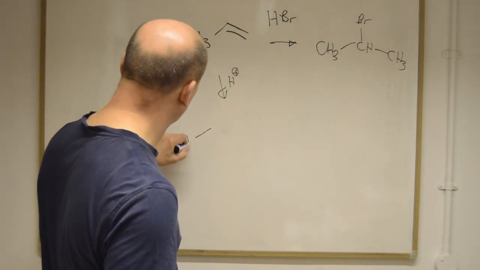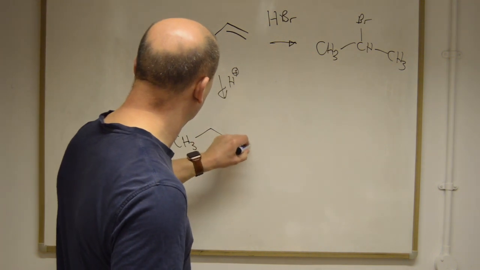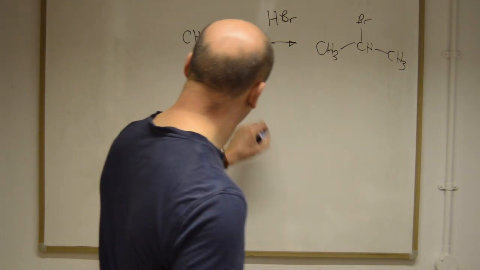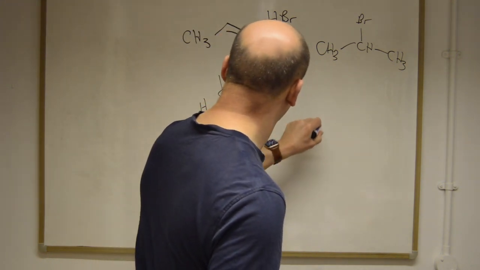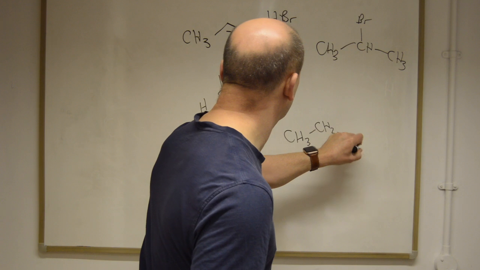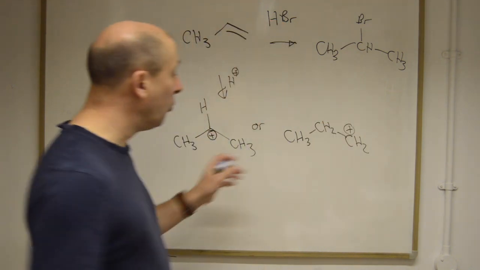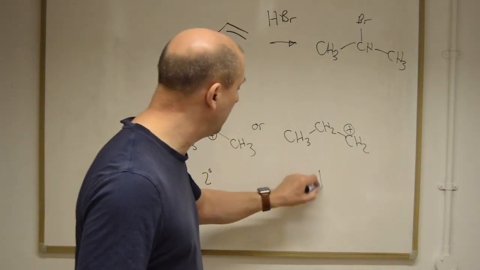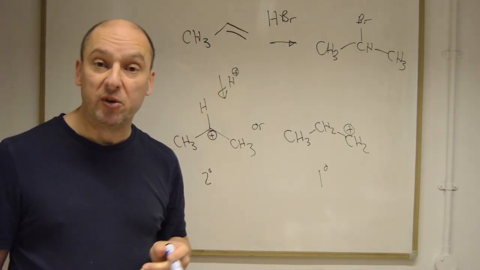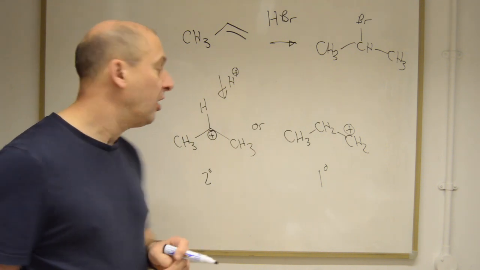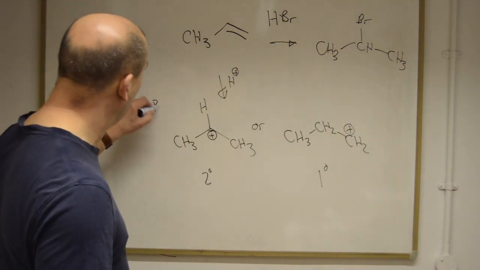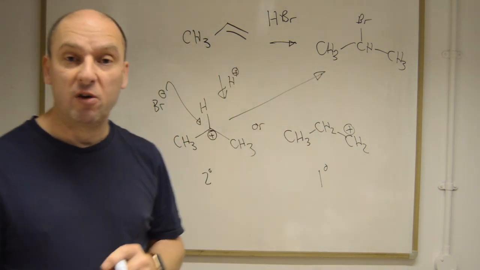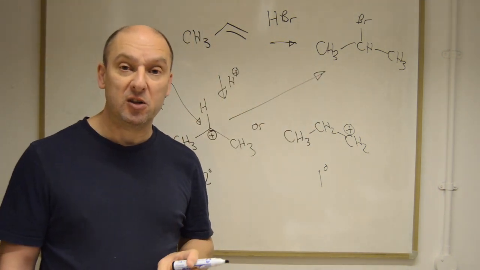We could either get this or this, and this secondary carbocation is considerably more stable than the primary carbocation. Therefore this is what happens, and then a Br minus attacks here to give the observed product. So we're getting the most stable intermediate.